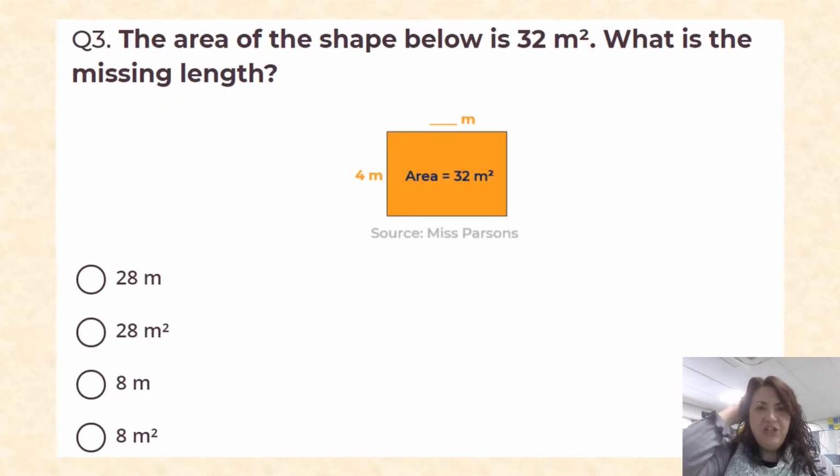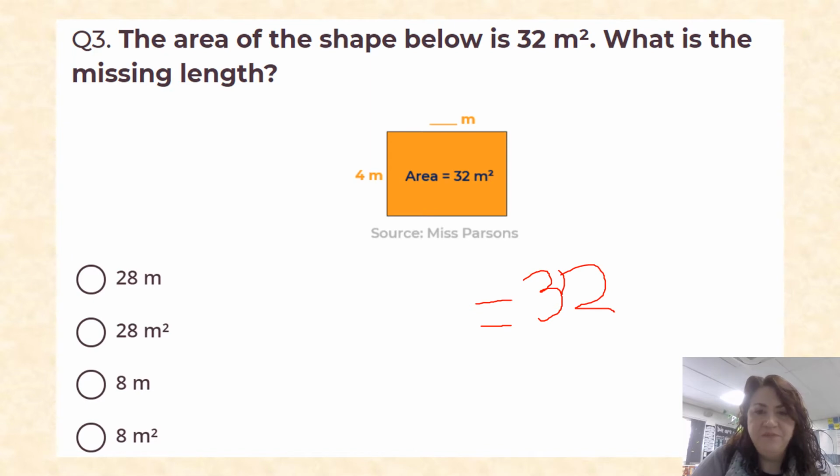Okay, the next question. The area of the shape below is 32 meters squared. What is the missing length? So for area, remember we times the width by the height. So what we've got here is the answer already. We know that our answer is 32, and that's meters squared.